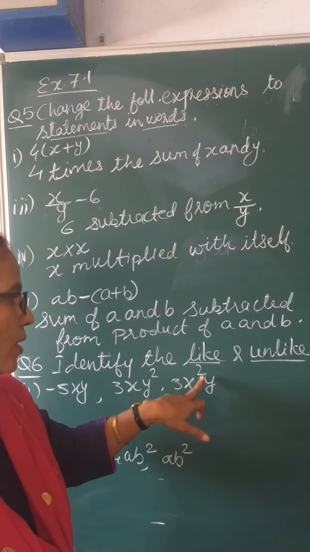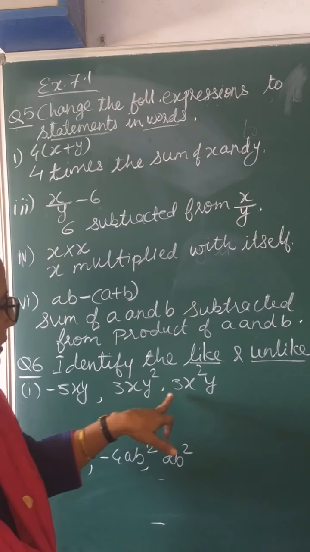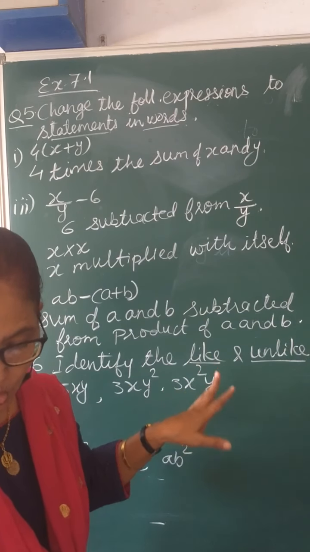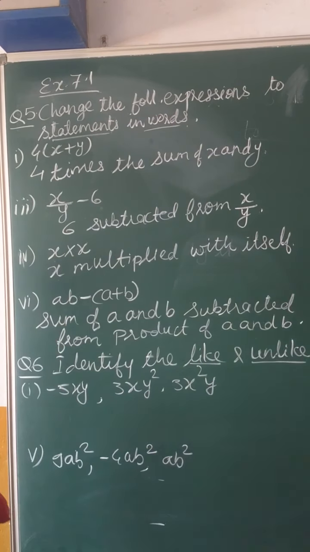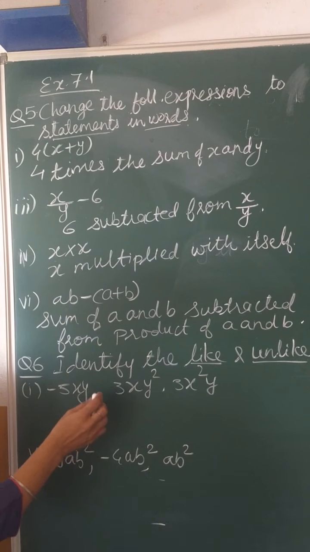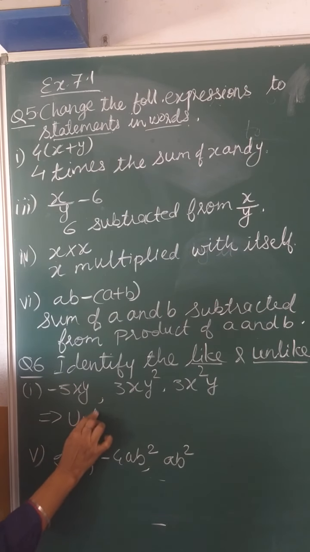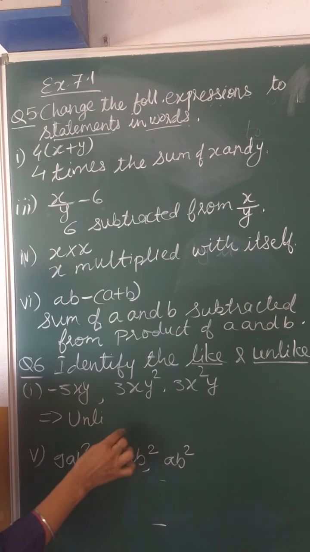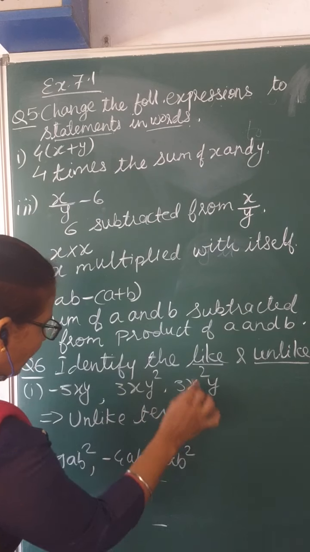Now here x square y, this is also not like, means all the variables and their powers are not the same. So that's why these are unlike terms. So you will write here, unlike terms. Here all the terms are unlike.